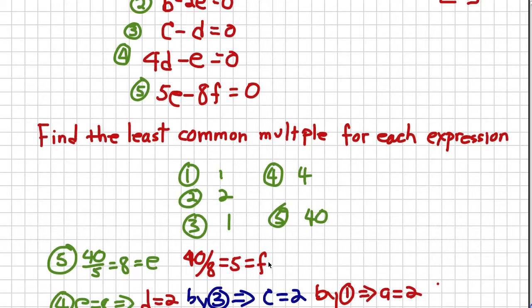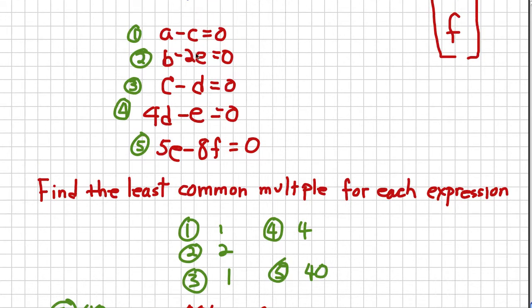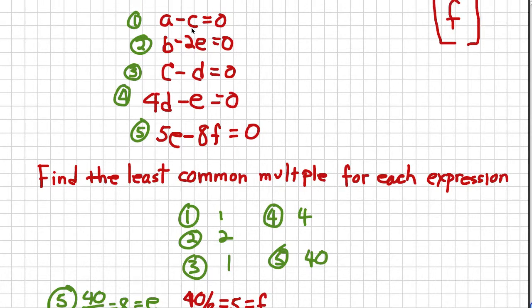And once I find E and F, I can use these other equations to help me solve for the other values. So for instance, E is equal to 8 right here. If E is equal to 8, what must B equal? B must equal 16.